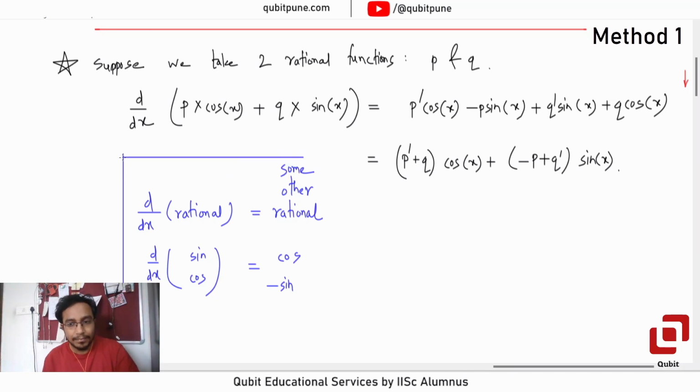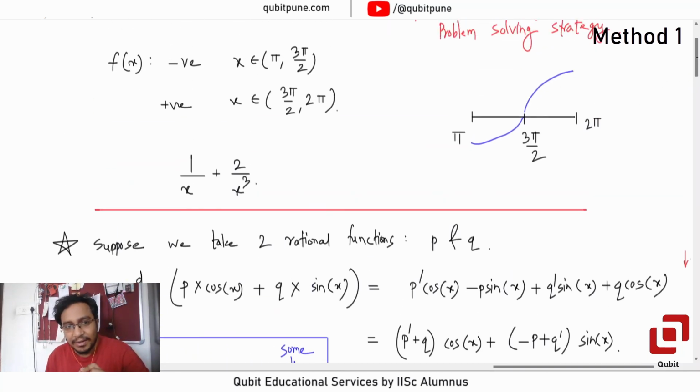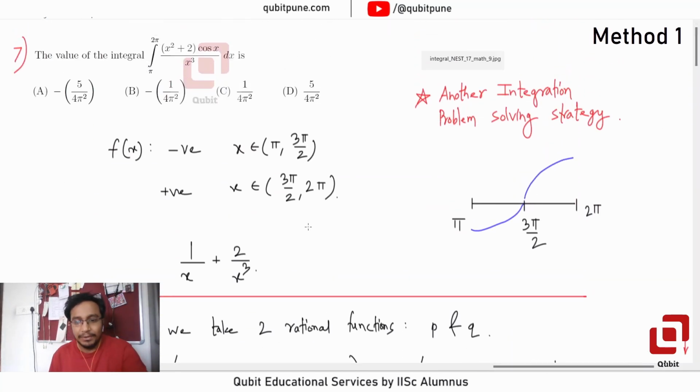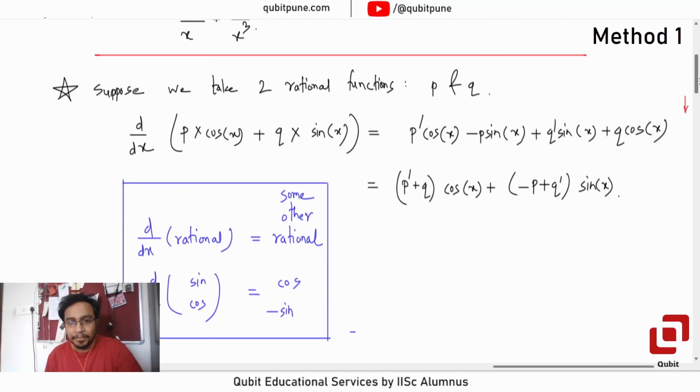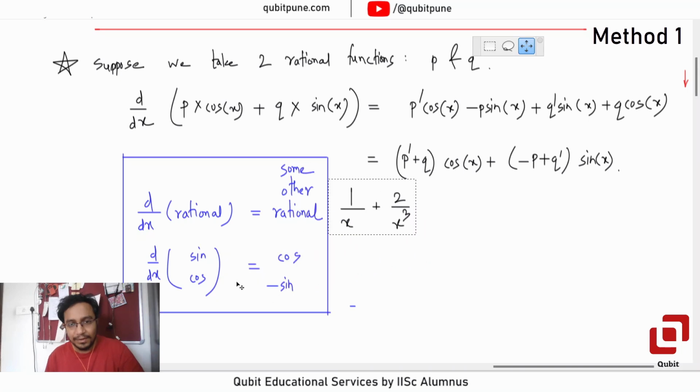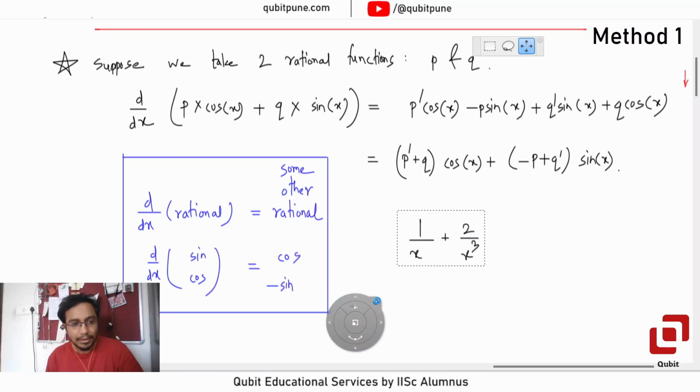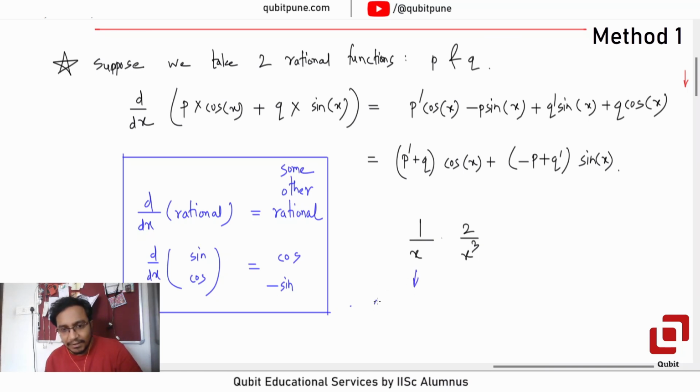Yes? Now there is one more thing which I actually forgot to tell you. If you observe these two functions, 1 upon x and 2 by x cubed, notice that the derivative of this function is negative 1 upon x squared.